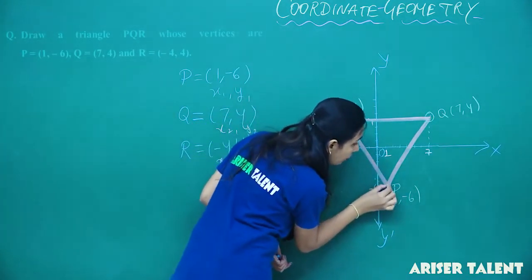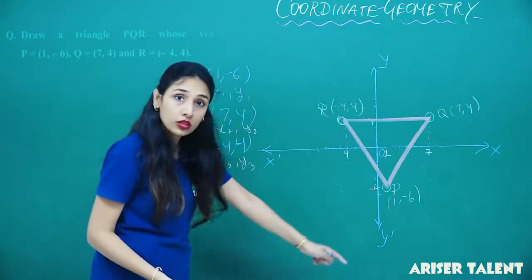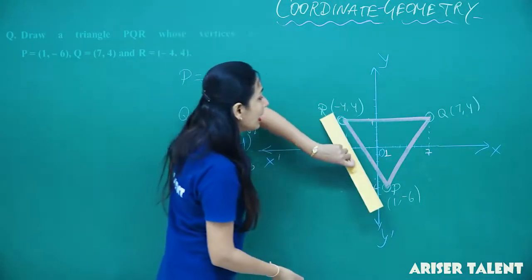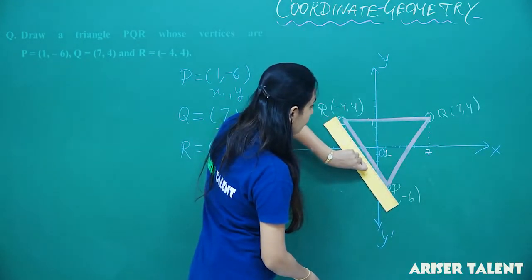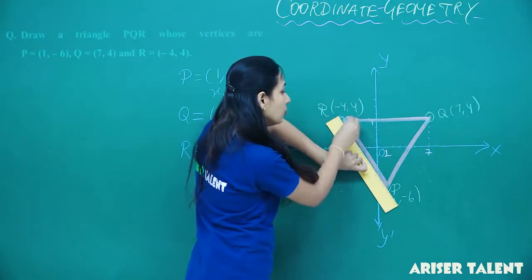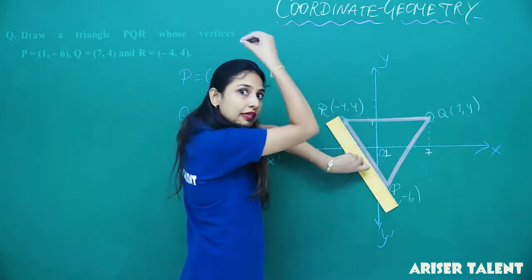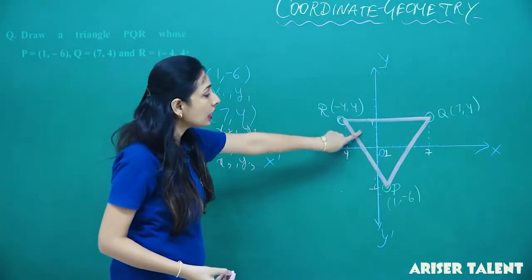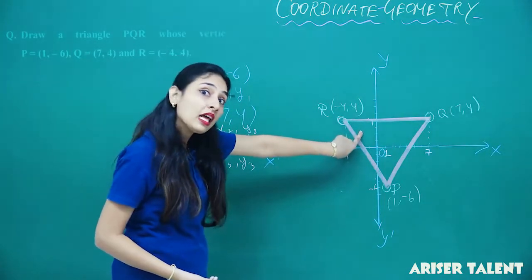Here, you don't have to draw these lines. You have to use your scale, and with your scale locate these 2 points and meet them. You have to follow this procedure. Now this is the triangle I'm having.